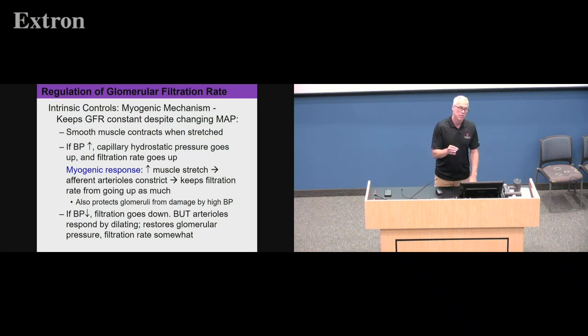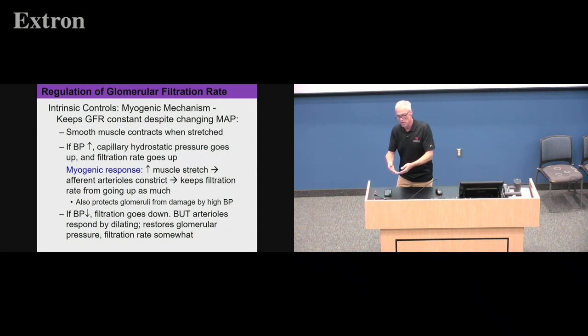If the blood pressure changes, that pressure coming to the glomerulus, to the afferent arteriole, it's going to change the amount of stretch in the walls of those afferent arterioles, and when that happens, the smooth muscle cells of the arteriole will respond. In other words, if mean arterial pressure rises, those arterioles are going to become stretched. The pressure coming in is greater.